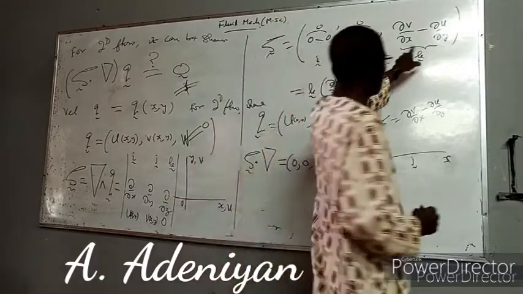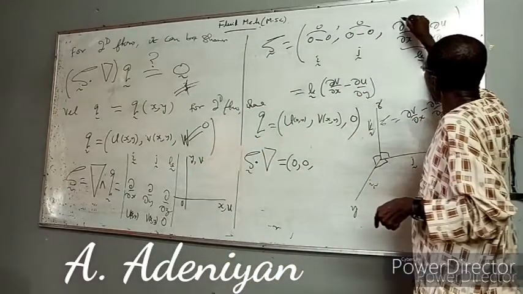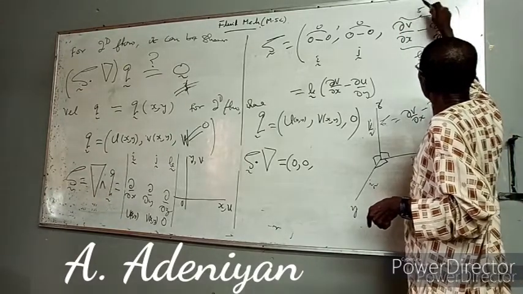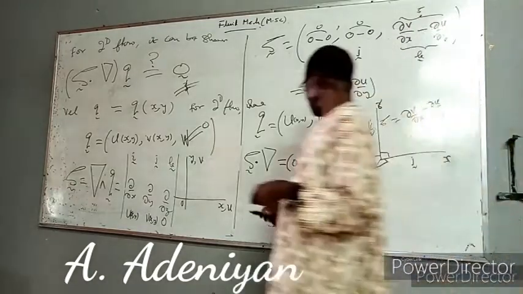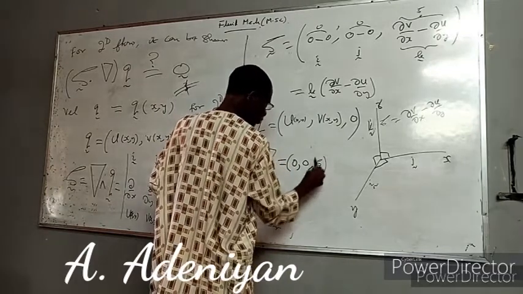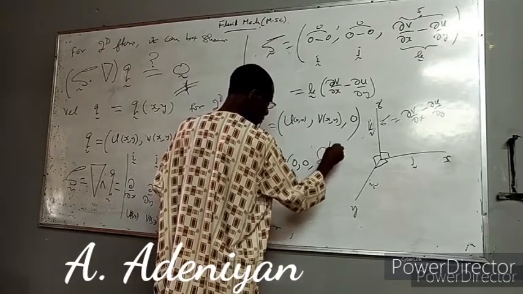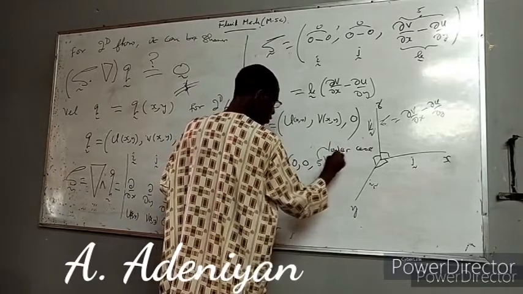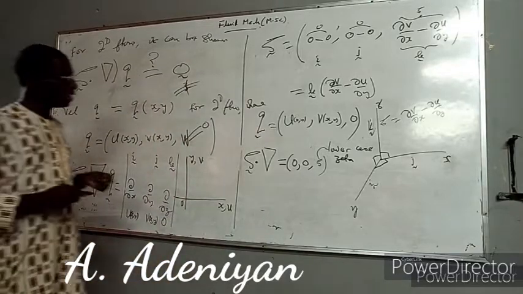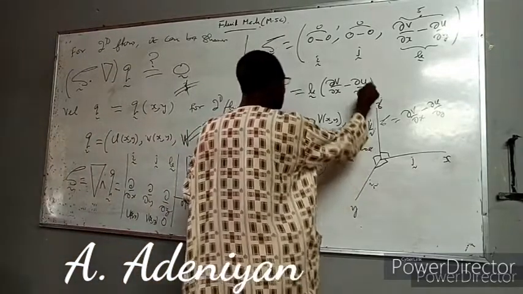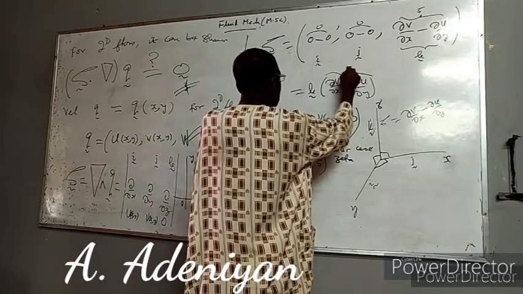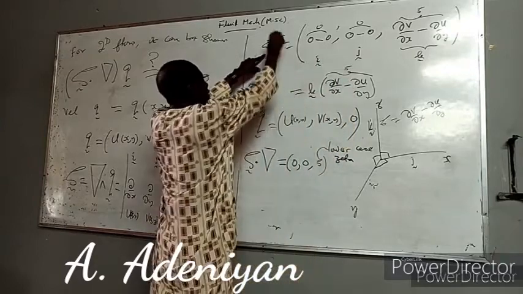The only component it has is this, so I can represent it by a small zeta. So that is 0, 0, lowercase zeta. That lowercase zeta represents what I have here. This one is uppercase, it's bigger than this fraction.